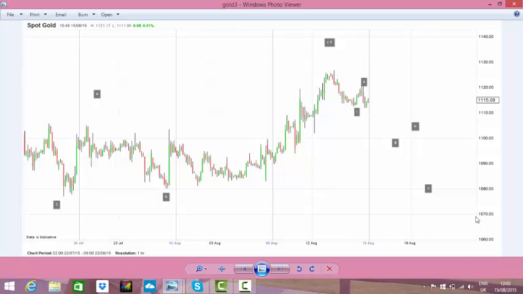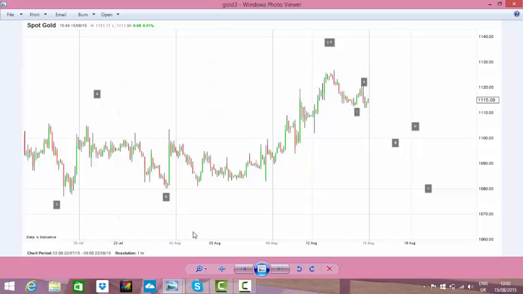So if it hit 1077 and it looked like it traced out 5 waves, then we'd start to get very bullish, and we'd say that the turn could well be in at that point. We'd try to look for confirmation after that and see would we get a 5-wave advance and a 3-wave decline.